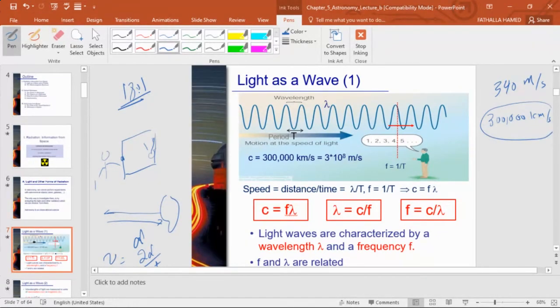So now we know that light travels like a wave. It has a speed of 300,000 kilometers per second. And we have experiments that can basically show you that it goes like a wave. Maxwell was working on electromagnetic waves, and he derived equations where he actually showed that electromagnetic waves travel at the speed of light.